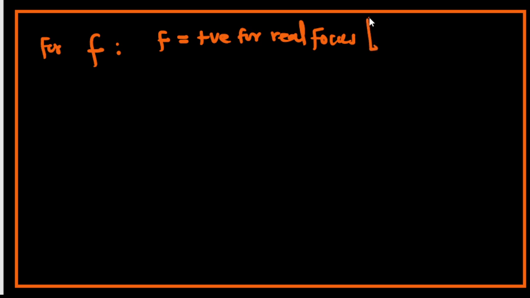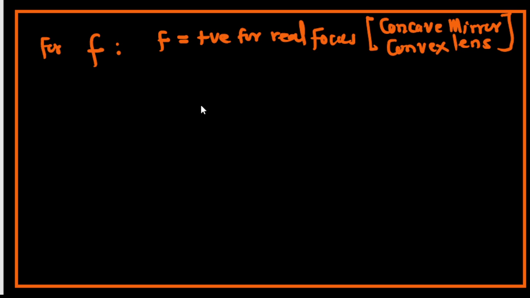Now where do we have a real focus? For a concave mirror, if you are dealing with mirrors, or a convex lens if we are dealing with lenses. Then f is negative for virtual focus.